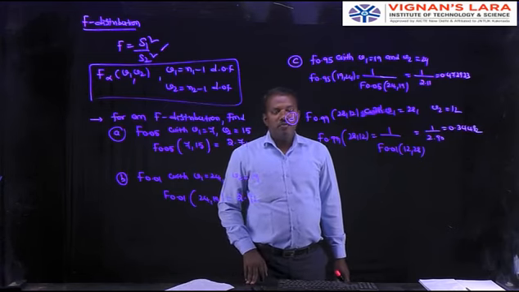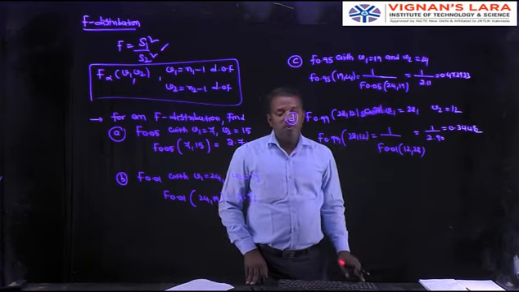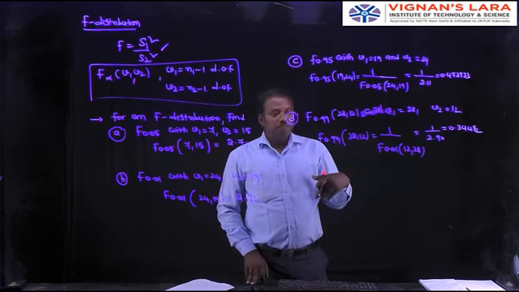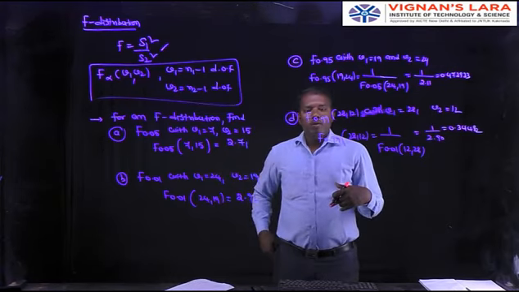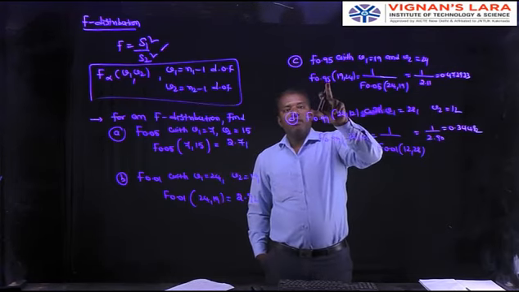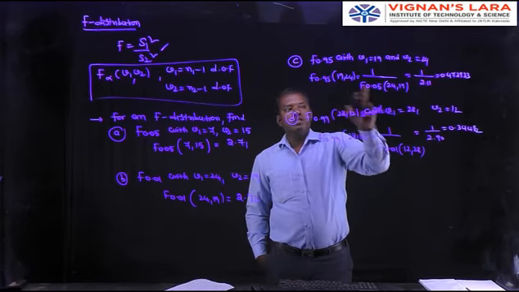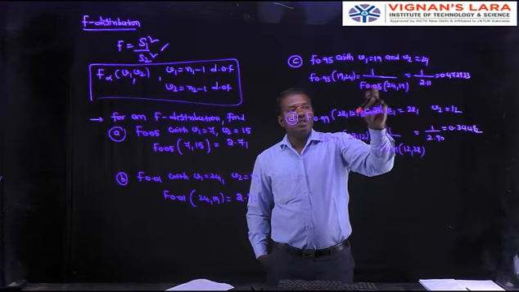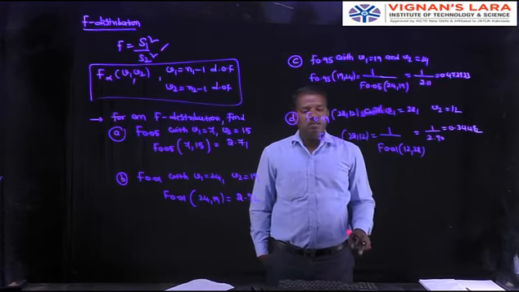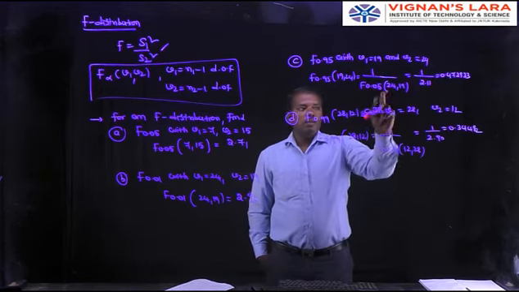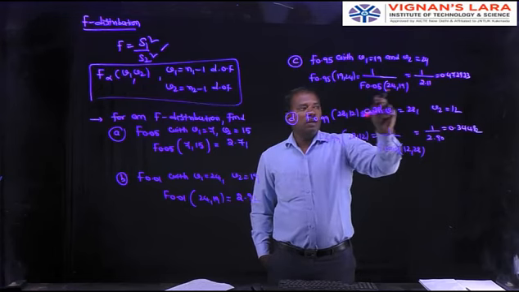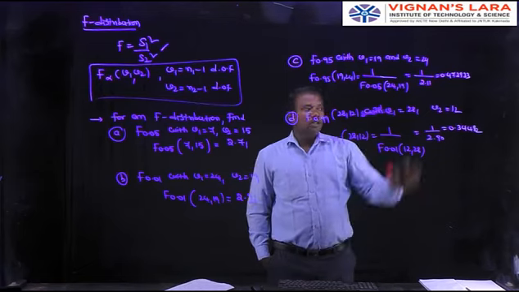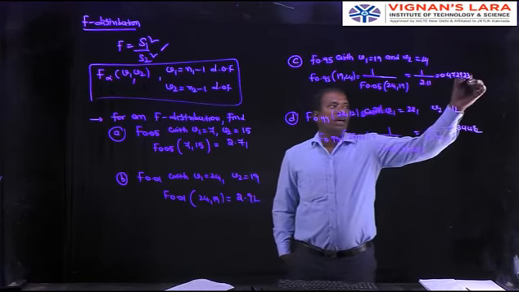F 0.95 with 19 comma 24, V1 19, V2 24, is 1 by F suffix 0.05, since 1 minus 0.95 is 0.05. So it is the reciprocal of F suffix 0.05 with 24 comma 19. This value from the table is 2.11, so 1 by 2.11 is 0.473933.